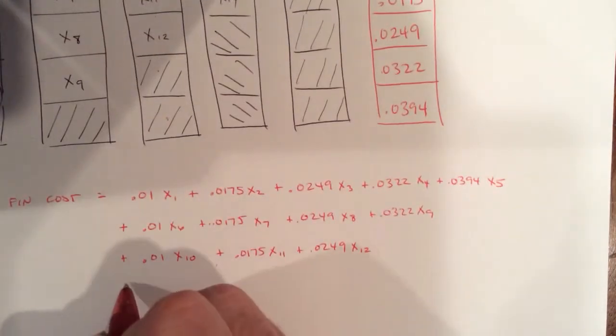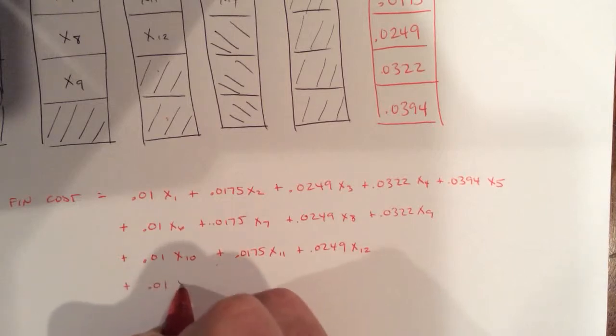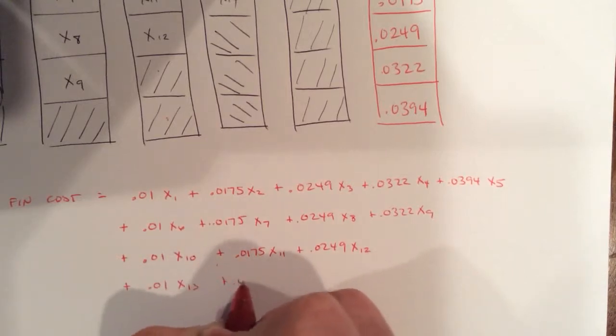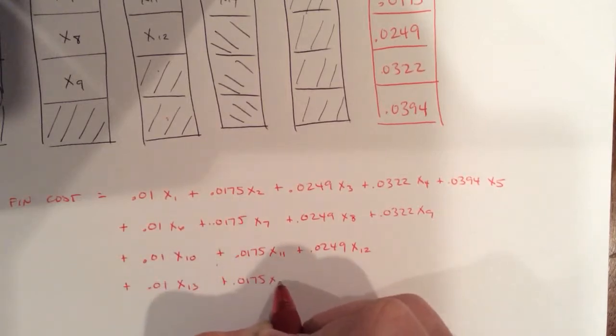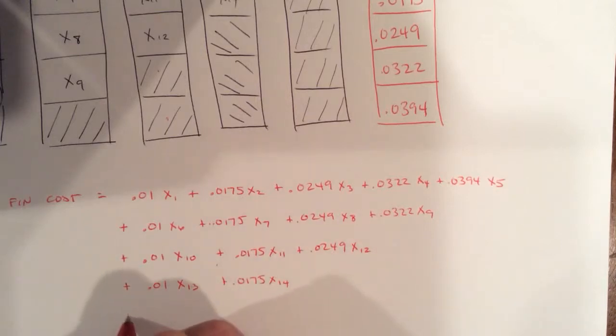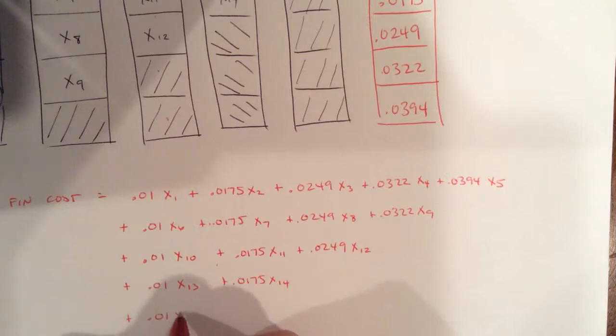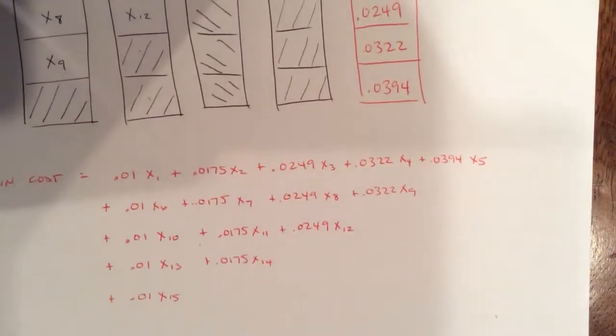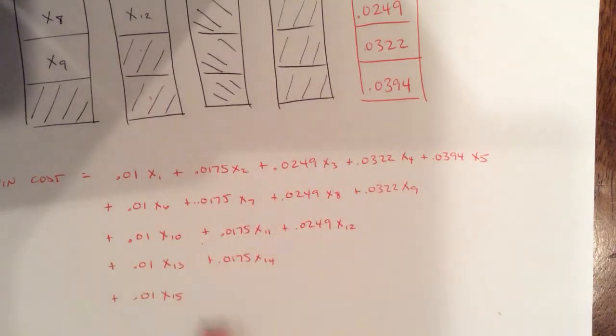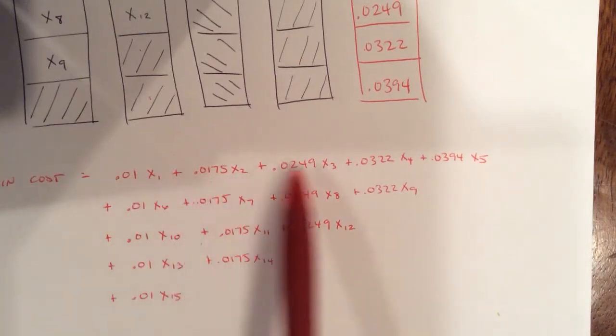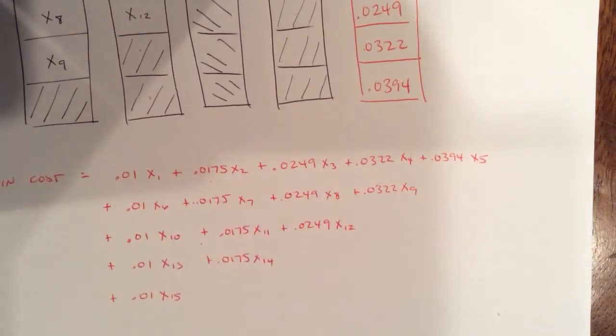Well, in month 4, it's going to be plus 0.01 x13 plus 0.0175 x14, and for the 5th month period, 0.01 times x15. And this here is our objective function. This is the financing cost, and we're trying to minimize that, meaning that we're trying to minimize the interest that we pay on the different loans that we take.